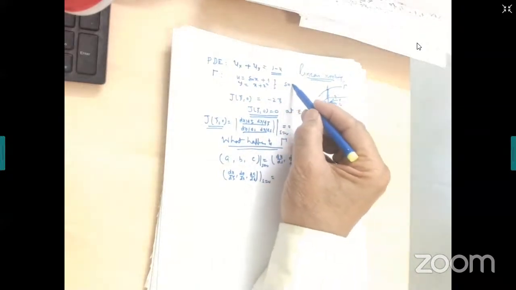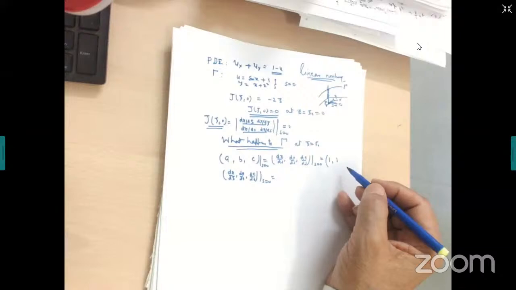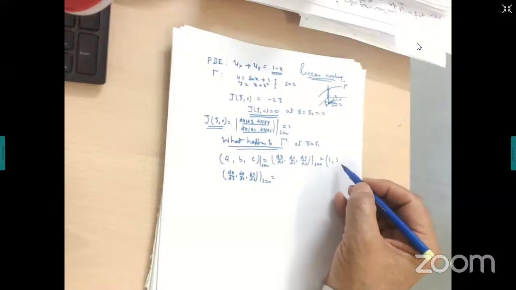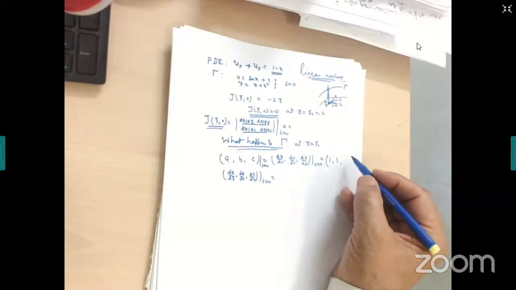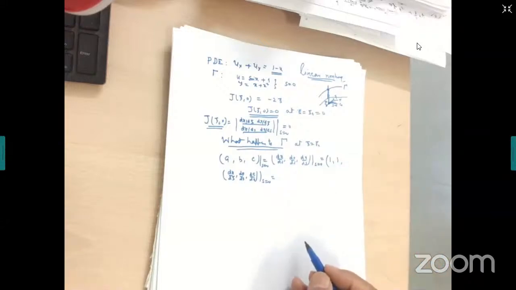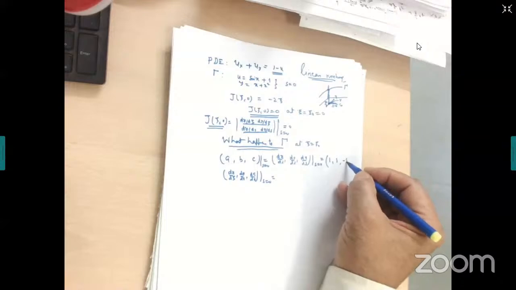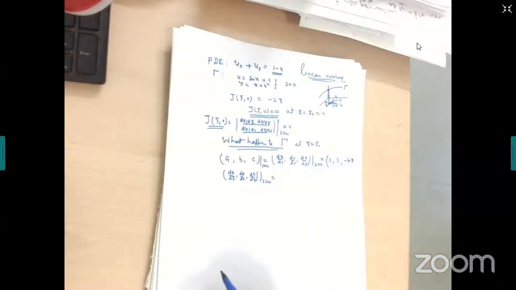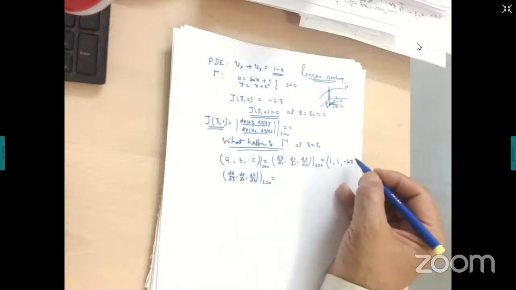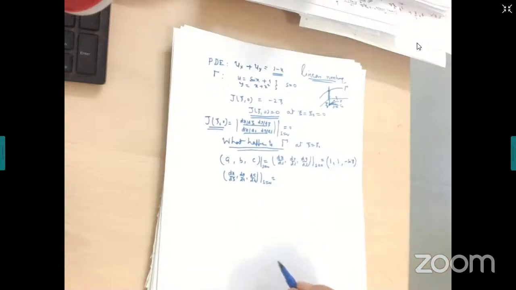So tell me, what is dy by ds? Minus sin psi. Very good. Is that right? Is it clear to all of you? Yes, sir. Very good.